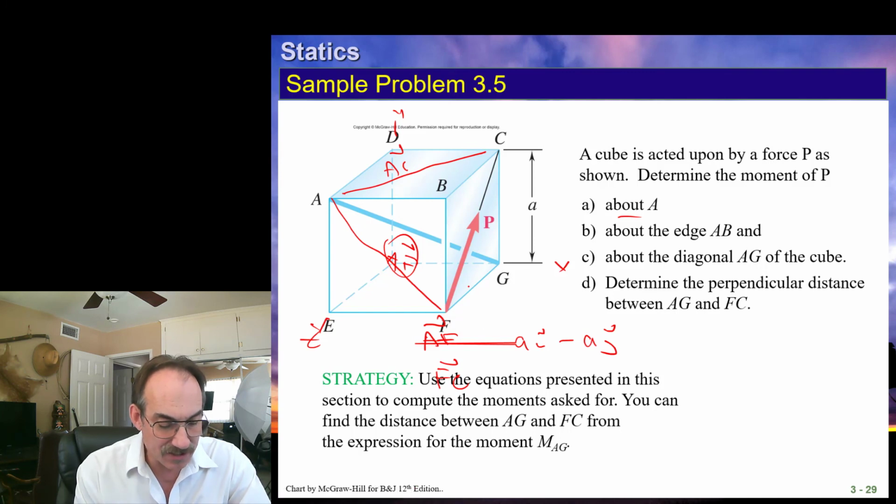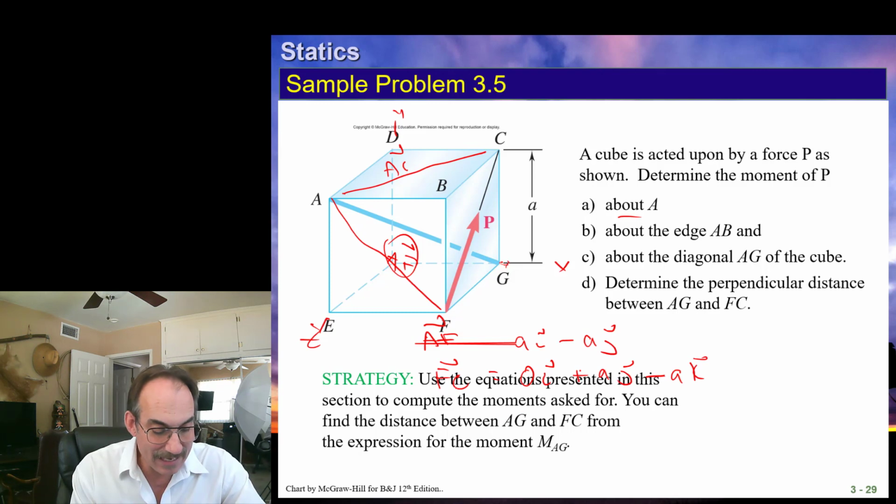FC looks like it's going to be 0i, because it's not moving that way anymore at all. It's moving plus aj, and it's moving in the positive direction, ak.